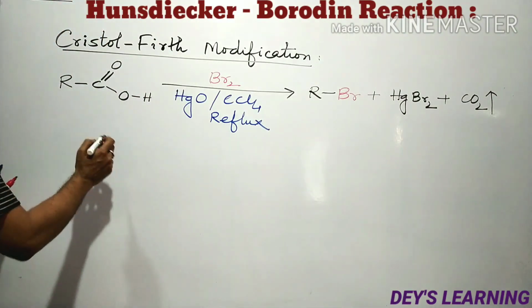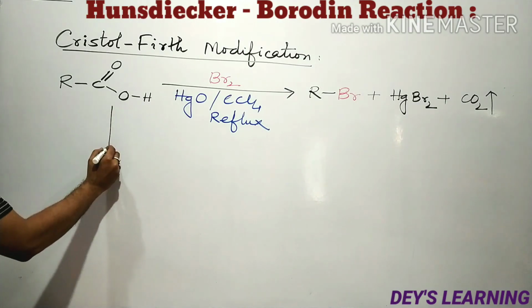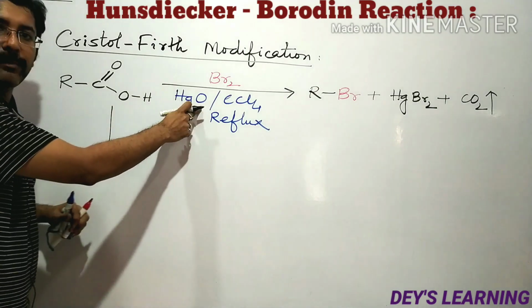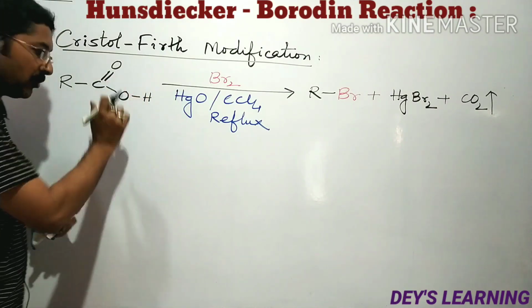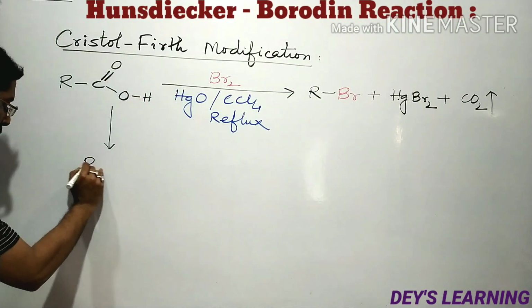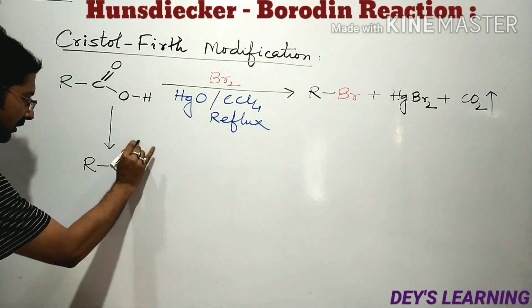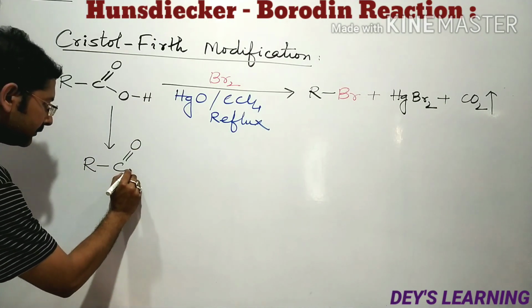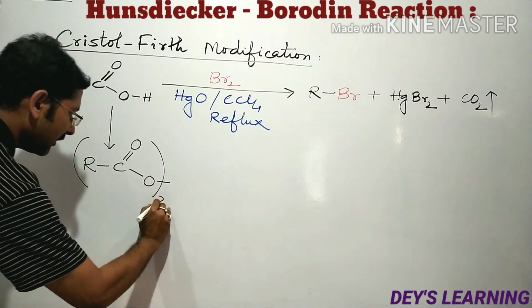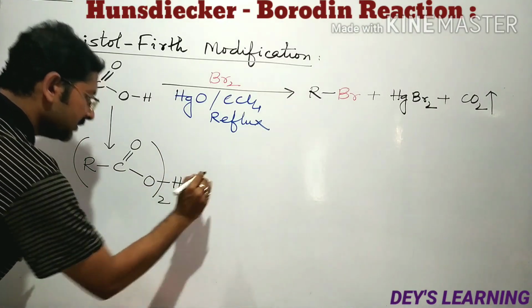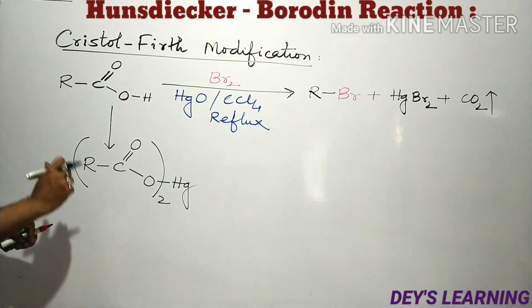So how does this reaction occur? We know mercuric oxide is a basic oxide, and on reaction of this basic oxide with this carboxylic acid, we will get this type of product, that is mercuric acetate.